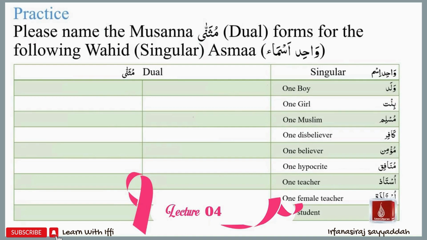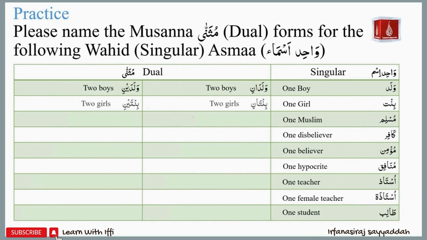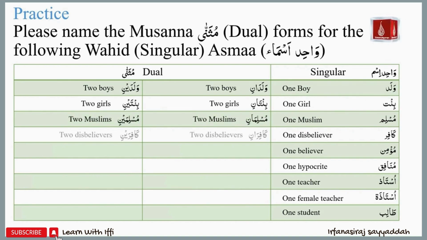We will now do some practice. We have a list of singular asma, and we will try to name the dual asma for these singular asma. For walad, we have waladani and waladaini. Bint, bintani, bintaini. Muslim, muslimani, muslimaini. Kafir, kafirani, kafiraini.